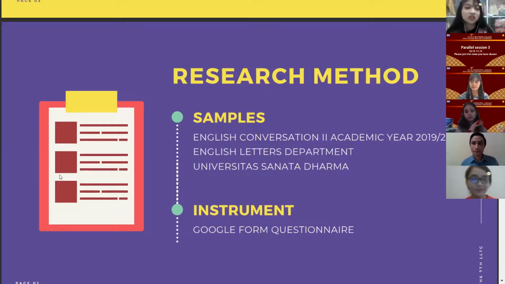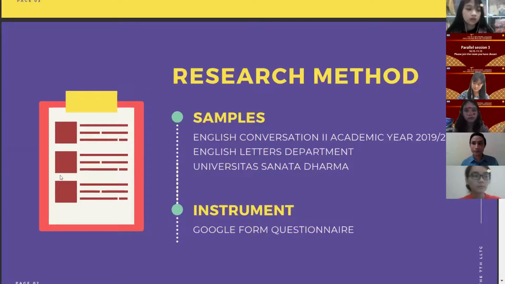The questionnaire contains several statements related to the activities outside and inside the classroom, the effectiveness of the e-learning, and also the LMS in the English Conversation 2 class. We adopted a Likert scale, so there are 5 options to respond to every statement. It also has a blank space for the students to write their opinion or reason.